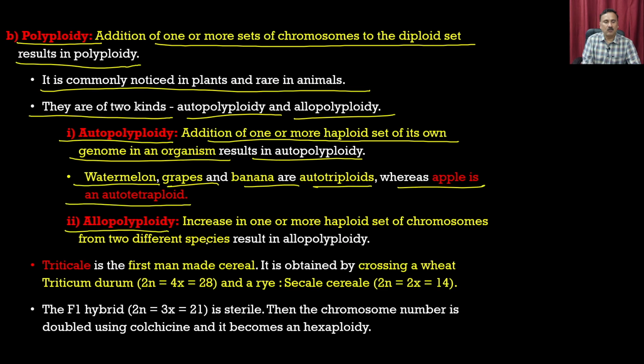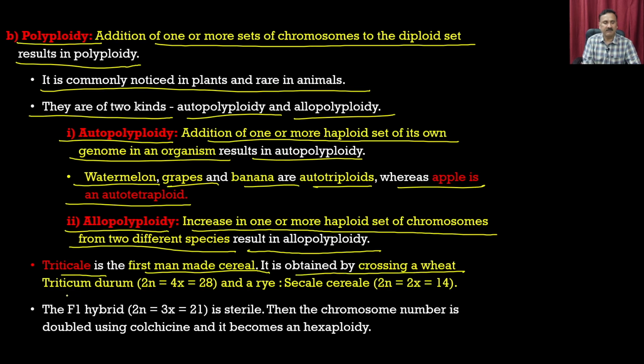Then you have allopolyploidy, an increase in one or more haploid sets of chromosomes from two different species. Triticale is the first man-made cereal. It is obtained by crossing wheat, Triticum, and rye, Secale cereale.